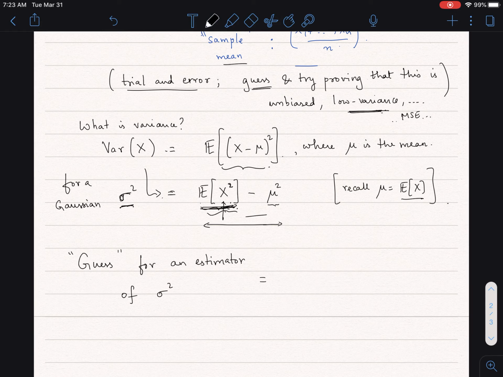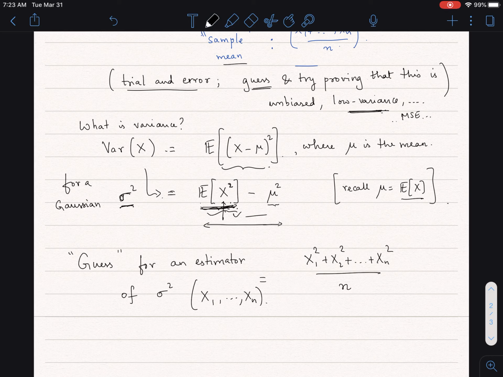What would be a good guess for the expected value of x squared? Remember, I am given the samples x1 through xn. A guess for the expected value of x squared would simply be (x1 squared plus x2 squared plus ... plus xn squared) divided by n.